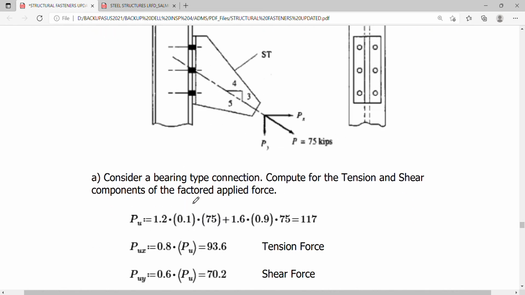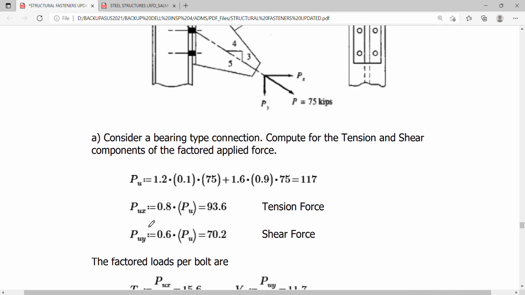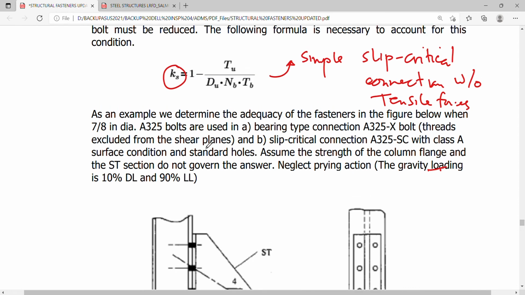So consider now a bearing type connection. We solve for the X and Y components of your PU there, where PU is a combination of the dead and the live load. So 1.2 of 0.1 times 75 and 1.6 of 0.9 of 75, taking note that this is 10% of the total load, and this is 90% of the total load, considering the dead and the live load respectively, as given in this problem.